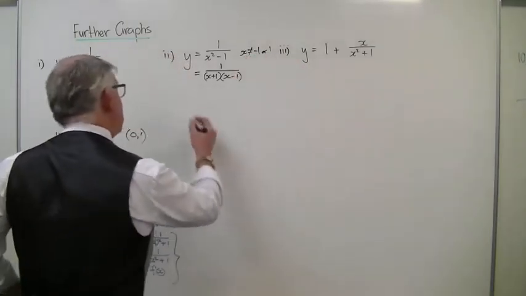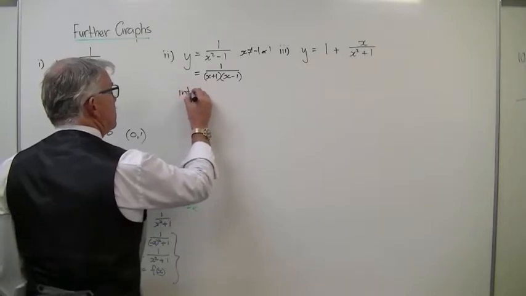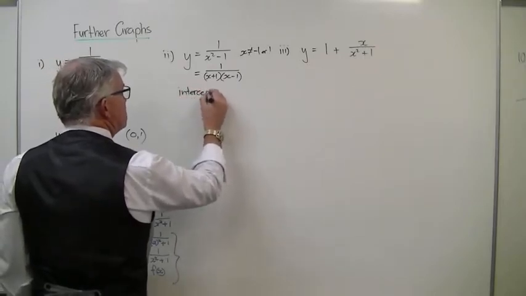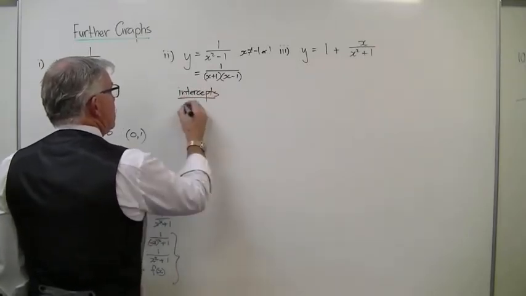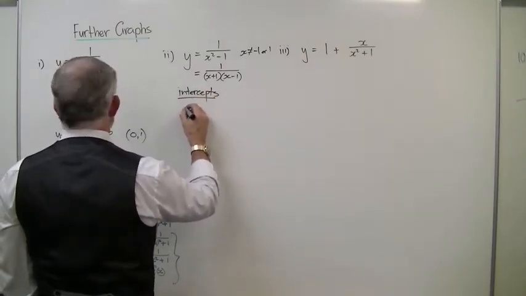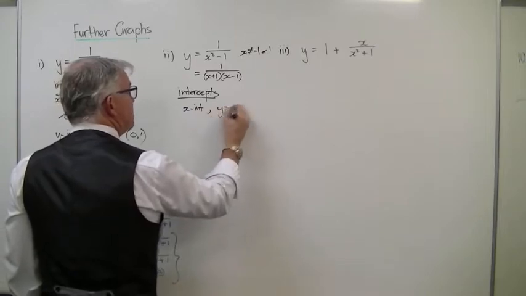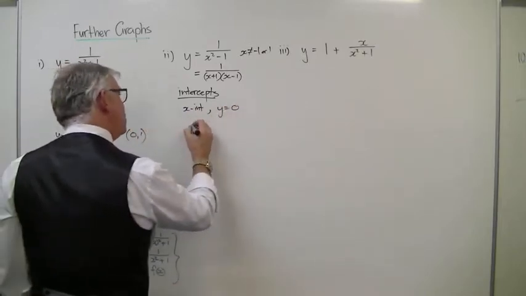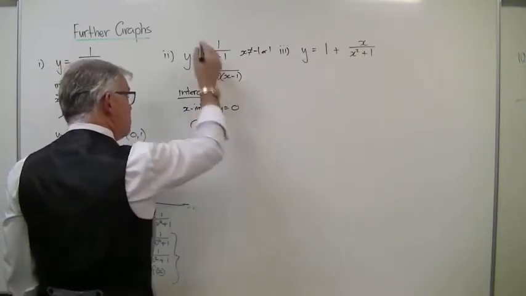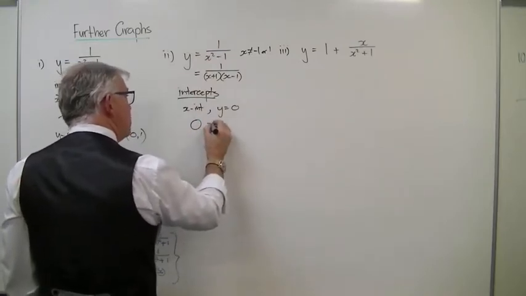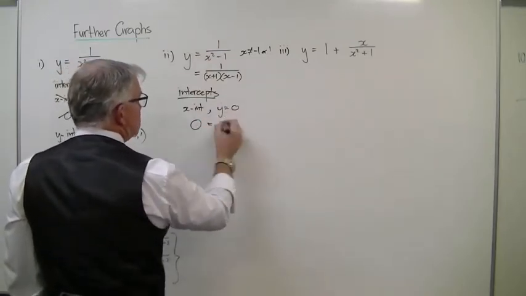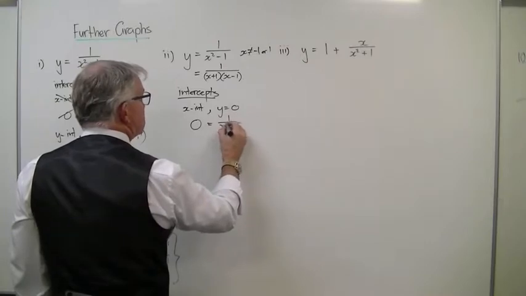Alright, now we'll check for the intercepts. Again, we'll try for the x-intercept first, which means y has to equal 0. And when we put that into the function that we've been given, 0 equals 1 on x squared minus 1.